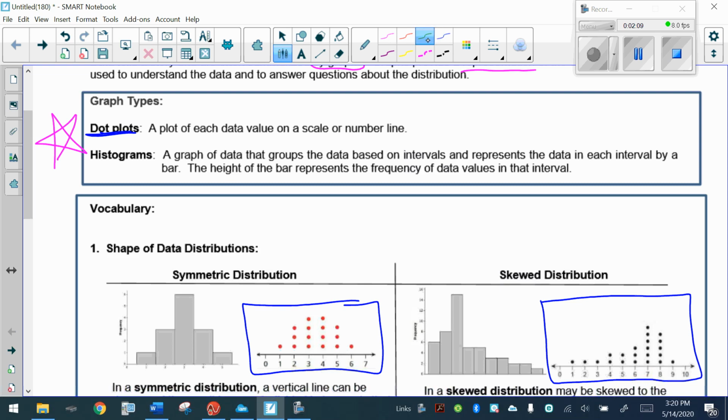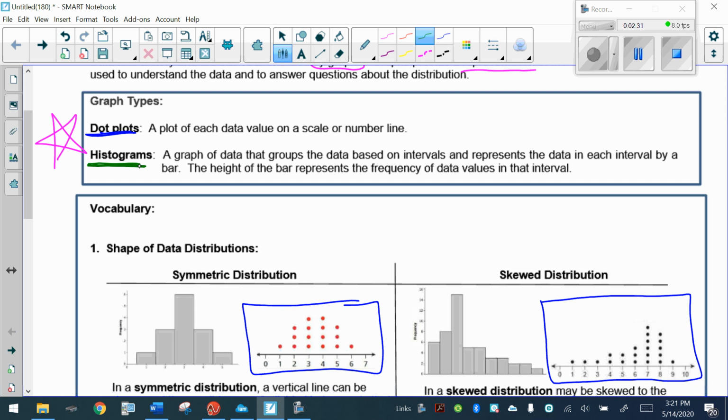And then the other type we're going to focus on are histograms, which is a graph of data that groups the data based on intervals and represents the data in each interval by a bar. The height of the bar represents the frequency of data values in that interval.